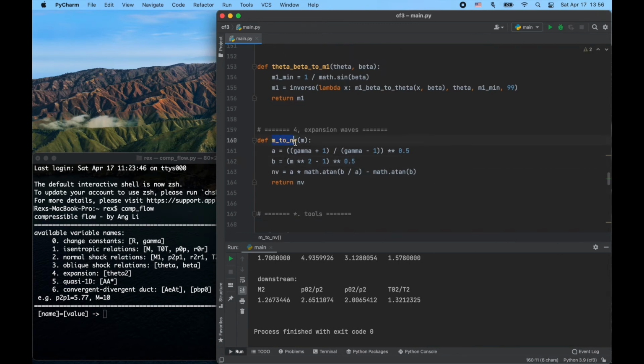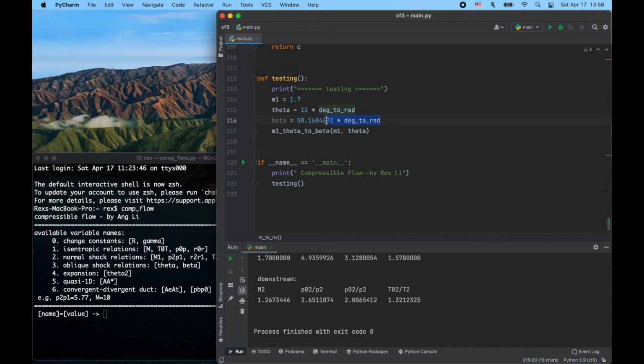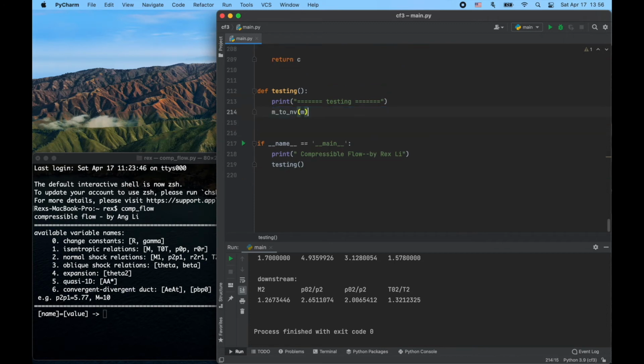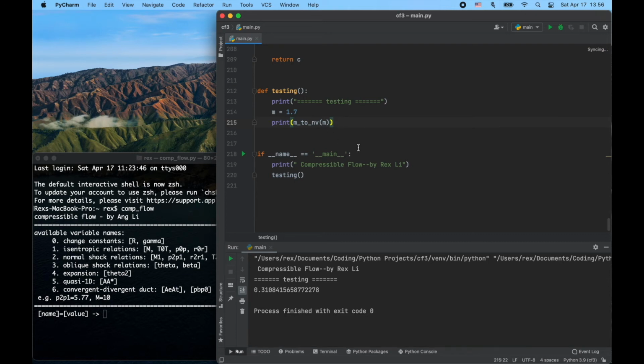Again, let's test it. It has to be larger than 1. We can find it in table A5.